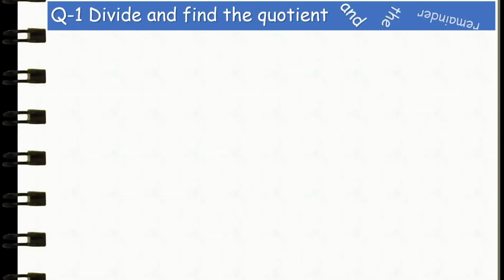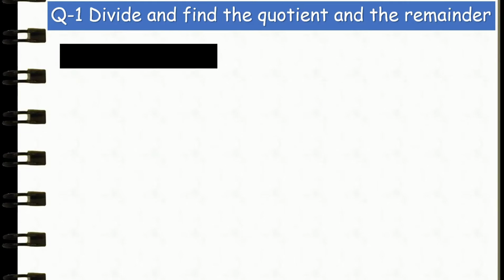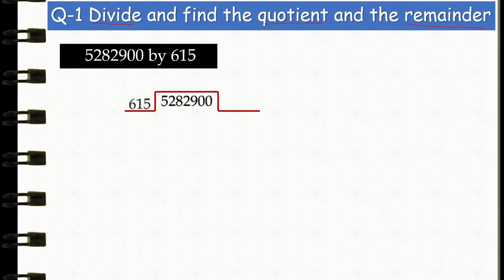Coming over to a few questions. Divide and find the quotient and remainder. First you have to divide and write down the quotient and remainder at the end. The question you can see on the screen. Now when we divide the dividend by the divisor, that is 615, the solution you are going to get is on the screen.